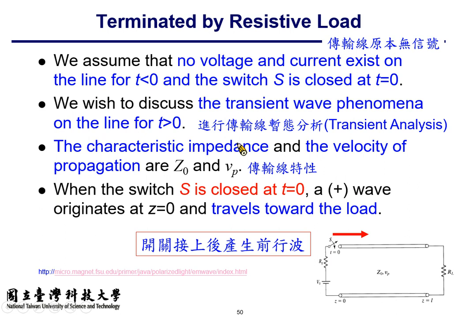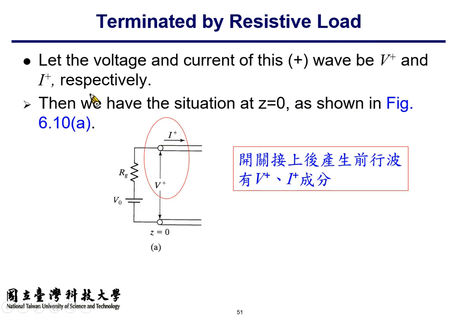So it needs a positive going signal, which we will refer to as V plus and I plus, propagating toward the right-hand side of the transmission line system. So what are the values of V plus and I plus?